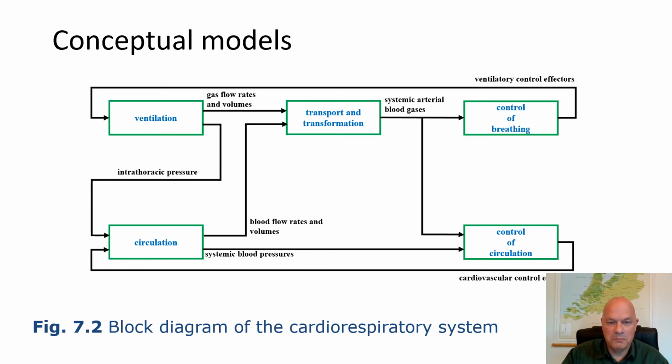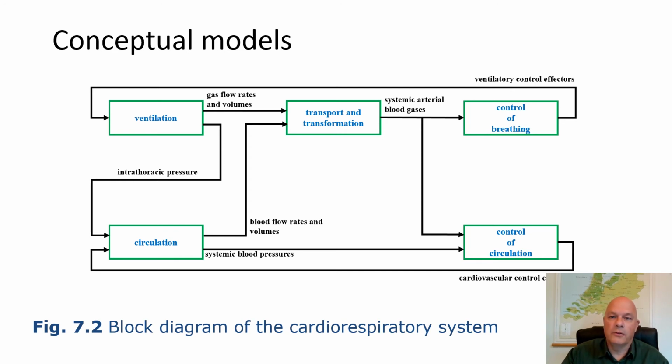For example, I mentioned circulation has an output variable, blood flow rates and volumes, which go into transport and transformation, and ventilation has as an output gas flow rates and volumes, which also go into especially the pulmonary gas exchange, which is part of transport and transformation.